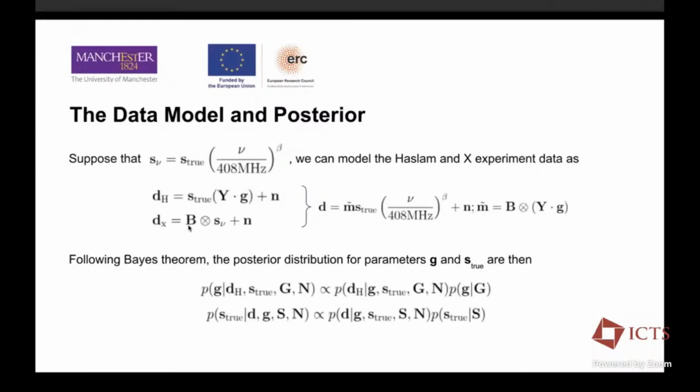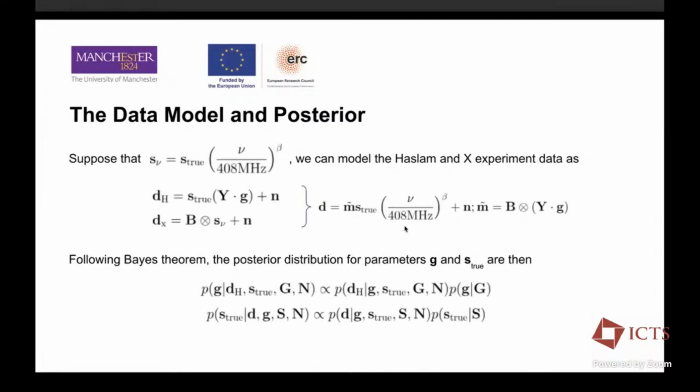For the X experiment, we assume that it's a global experiment. So it has a wide beam that is convolved with the signal at low frequency, and it has noise as well. Combining them together, we get this equation.